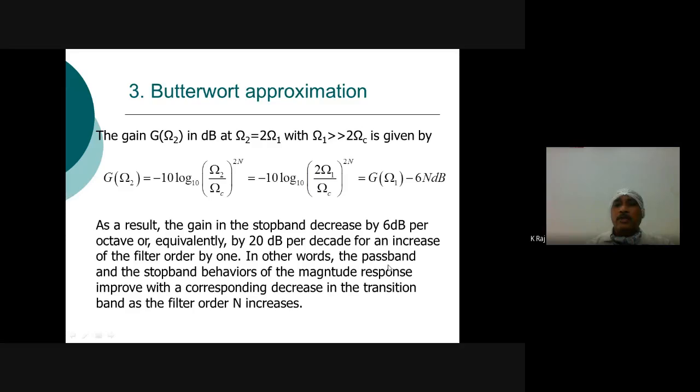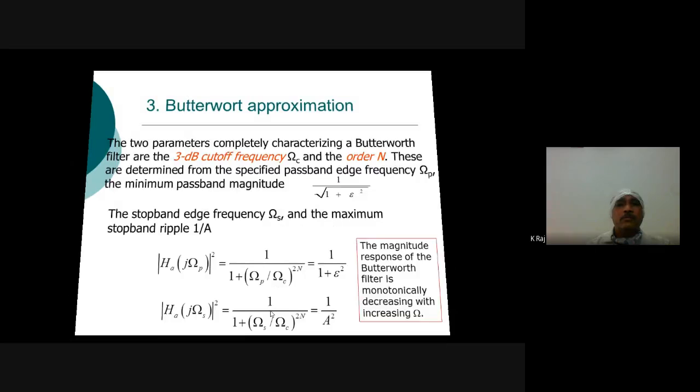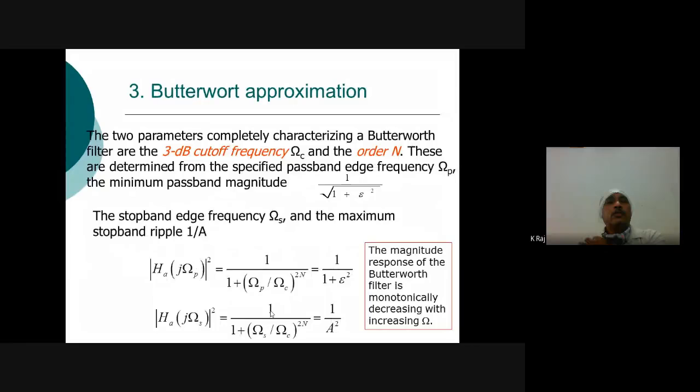In other words, the passband and stop band behaviors of the magnitude response improve with a corresponding decrease in the transition band as the filter order n increases, which we have shown in the graph of this approximation.